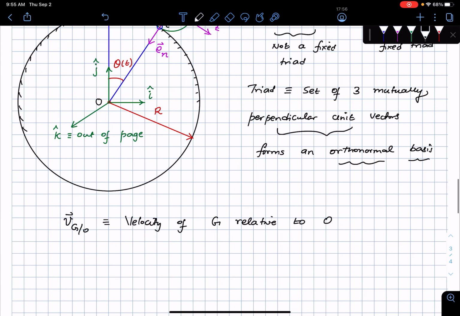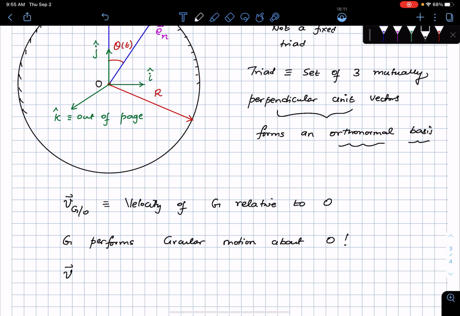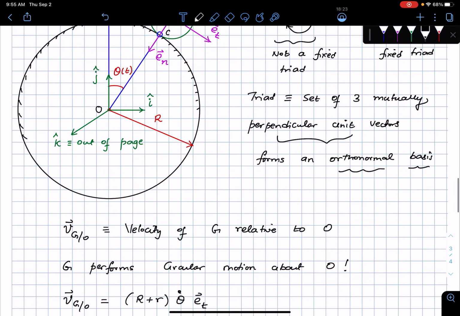Since point G performs circular motion about the point O, the velocity of G with respect to O is going to be the length of the track plus the radius of the disk times theta dot, and this is going to be in the tangential direction, as you can very well guess.